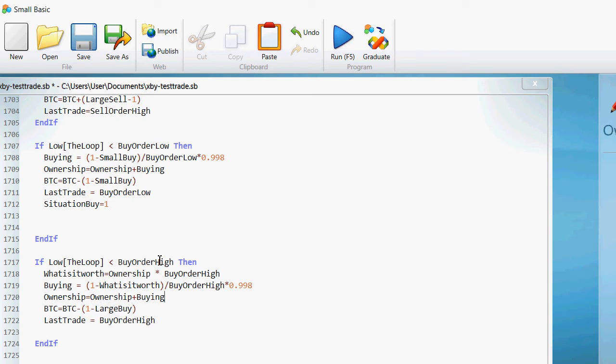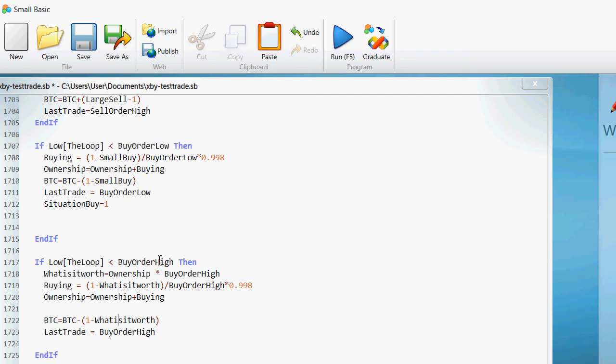Okay, let's put a new formula in. What is it worth? Yeah, that's easy. So Bitcoin is equal to Bitcoin minus 1 minus what it is worth.